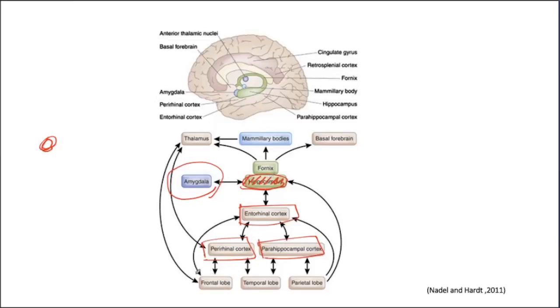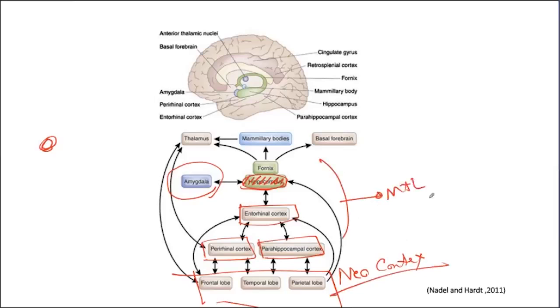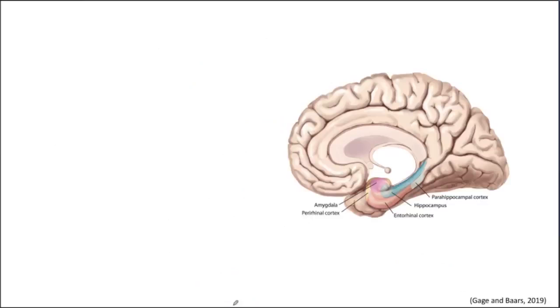And this is how the neocortex interacts with this part, which is the MTL. When we talk about the MTL, we talk about all these items working together and at the end related to different cortical parts. We discussed those things in previous sessions.